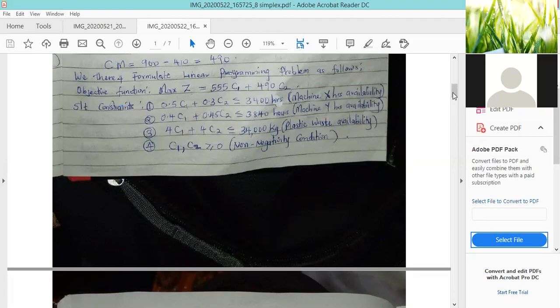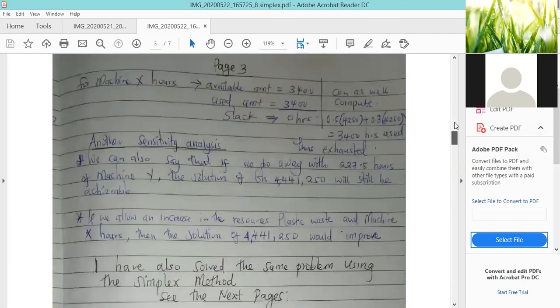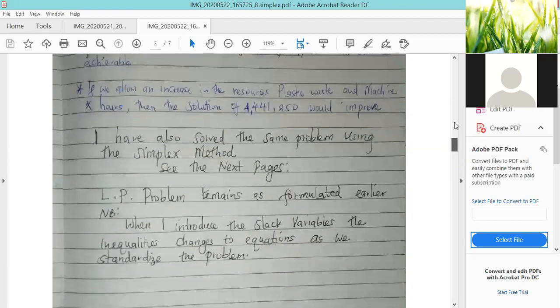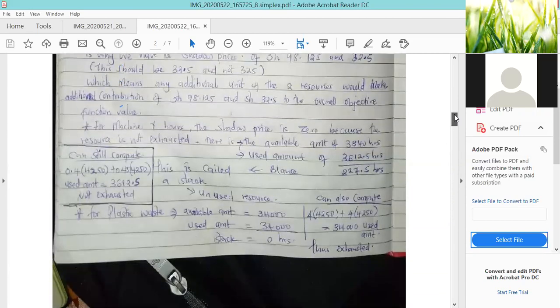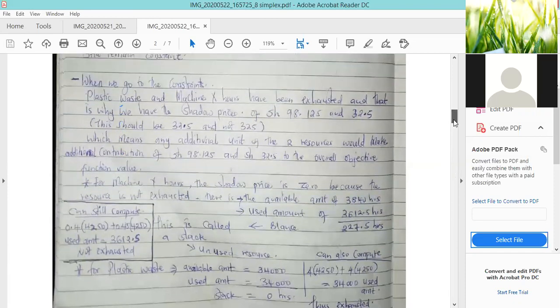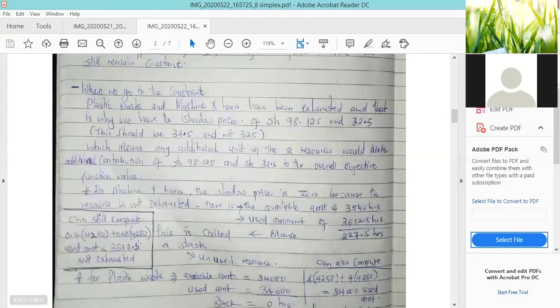You can see my workings that I did earlier on for machine Y hours. After you substitute the units, you'll use only 3612.5. Here you can see from the workings that I've given you.